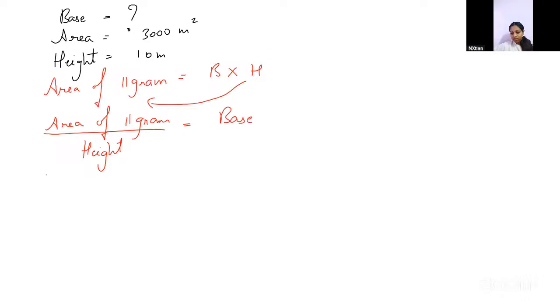So 3000 divided by 10 equals base. Cancel and cancel. 300 meter is the base. Okay.